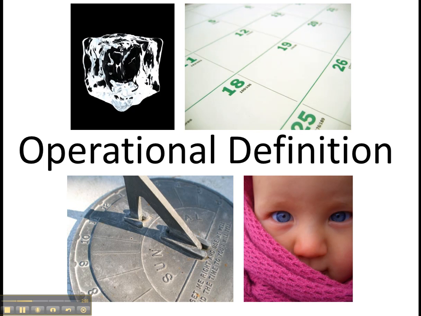We might determine the point in time based on the calendar or based on where the sun is at. It's our operational definition, then, our process of finding the exact meaning of our variables. And it might be observational, it might be a process, it might be a measurement, but it comes around to helping us understand what we've got going on.